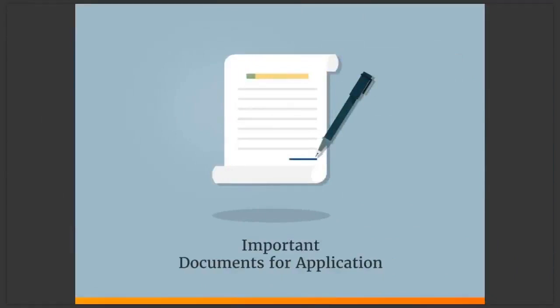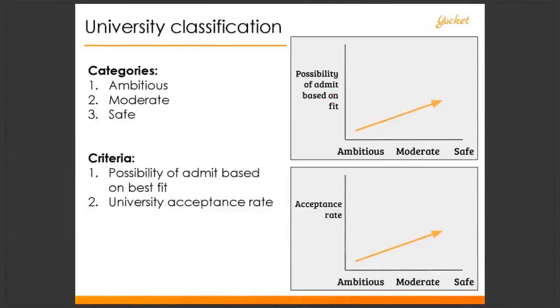Sometimes you feel that this university is a perfect match for me, both ways, but the university usually takes very few students, either due to less availability of seats, or less funding, or maybe the departments are small. So even though you fit, you may not get accepted. Then again, it doesn't become safe in that case. It may become moderate, but it's not safe. That is also something you need to keep in mind.